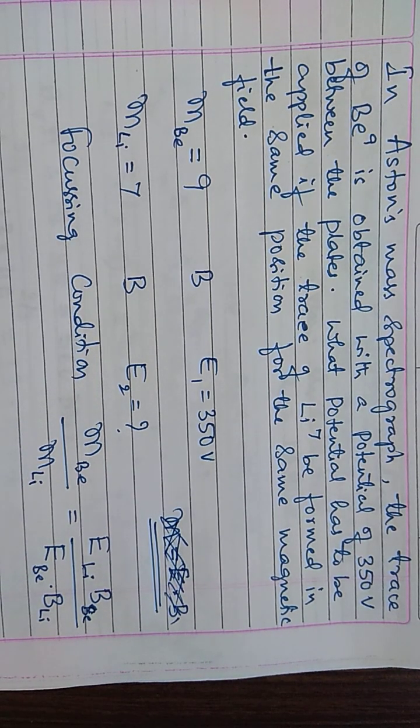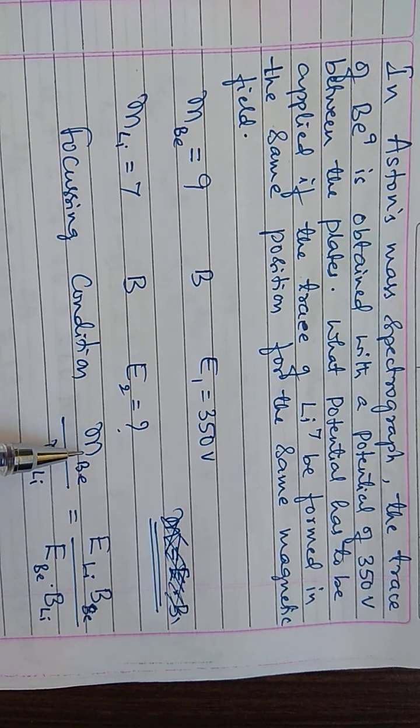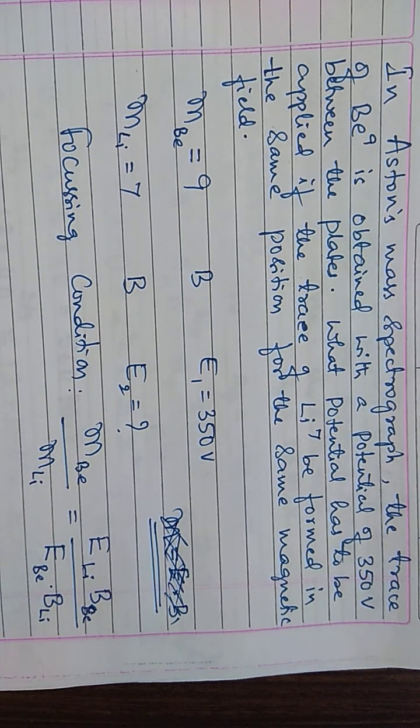Do the substitution here. This is the focusing condition: beryllium mass number divided by lithium mass number. If you do the cross multiplication, you are supposed to get the condition.